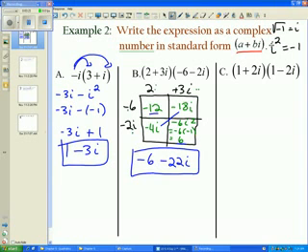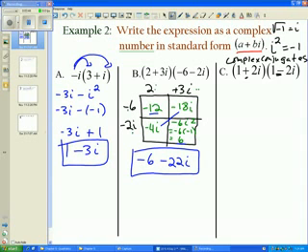This last one, as I look at this, the first thing I need to recognize is that these two are complex conjugates. They are exactly the same thing, but the signs are different.